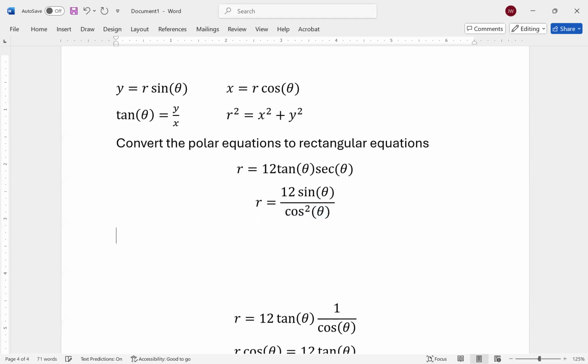And then maybe multiply both sides by cosine squared, you would have ended up with r times cosine squared of theta is equal to 12 times sine of theta. And then multiply both sides by r.